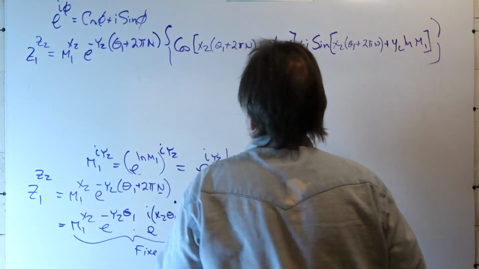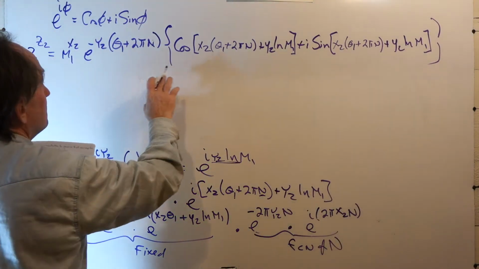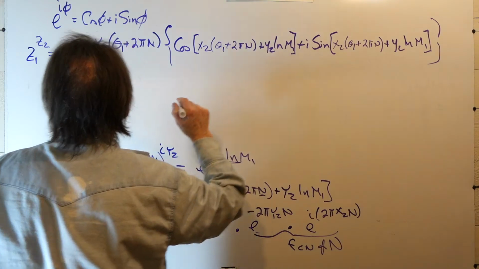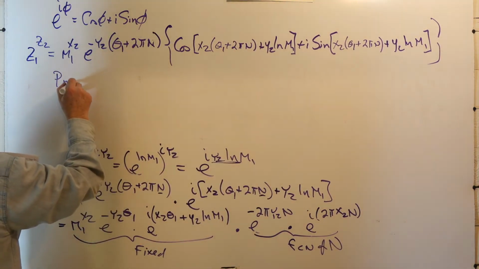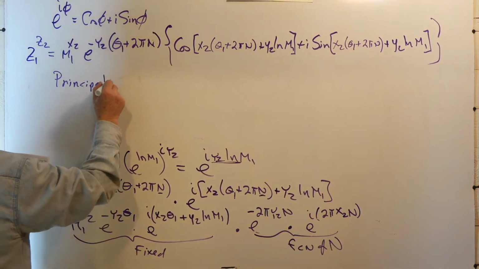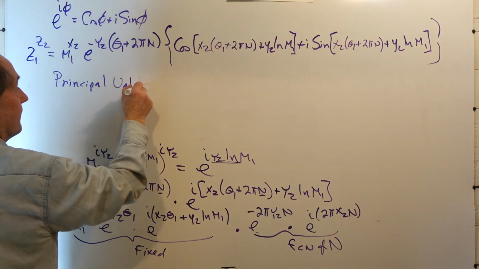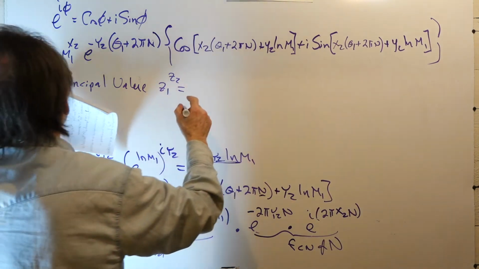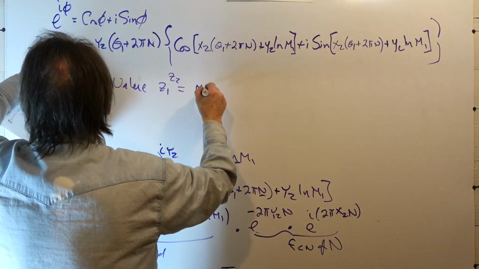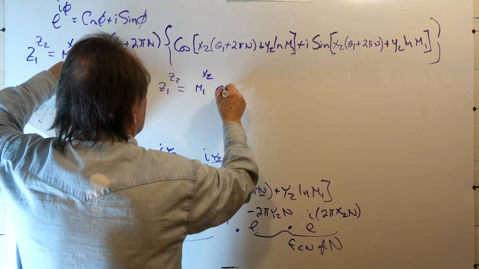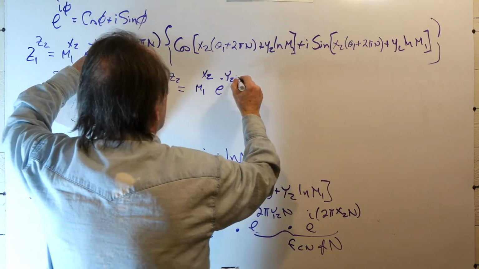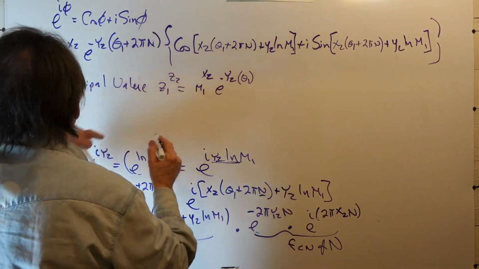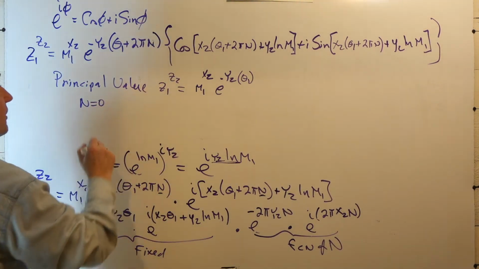Now we can express z1 raised to the z2 power again as its principal value by just making n equal to 0. So the principal value z1 to the z2 will then be m1 to the x2 e to the minus y2 theta 1. The n is 0 to get the principal value, n equals 0.